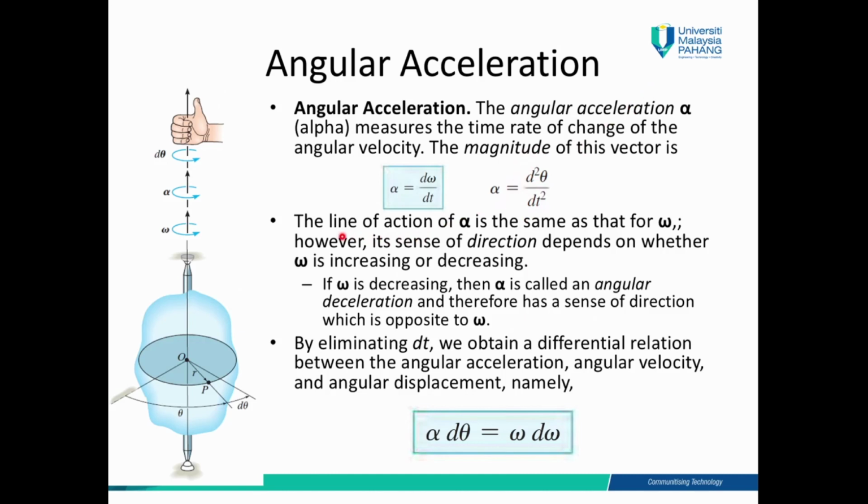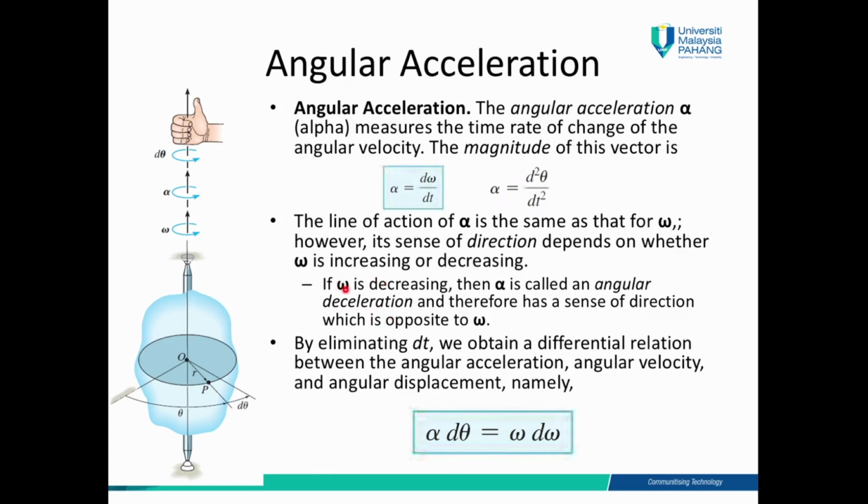Similarly, the line of action is similar to your angular velocity and also your angular displacement. However, the direction up or down depends on your angular velocity. Is it increasing or decreasing?